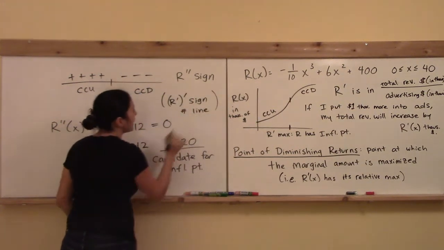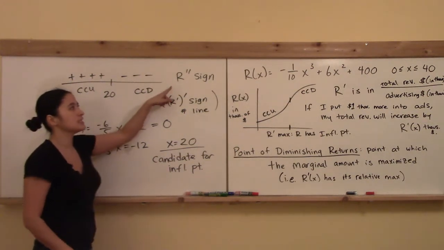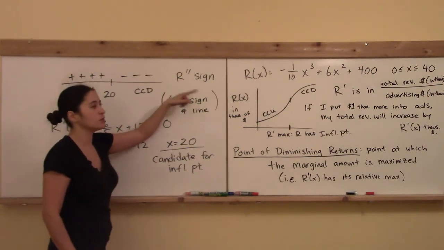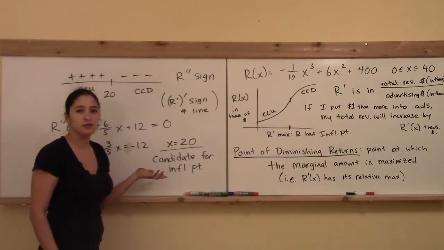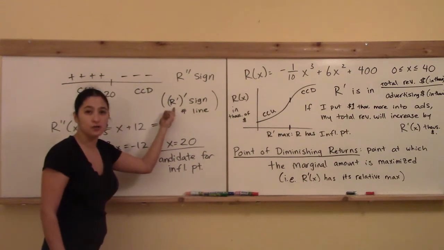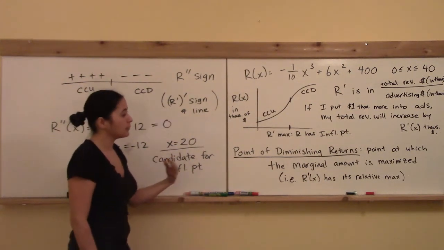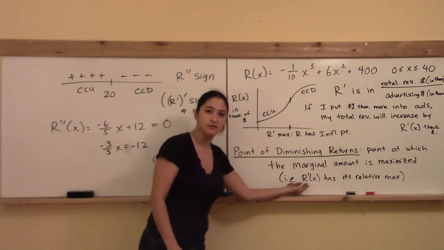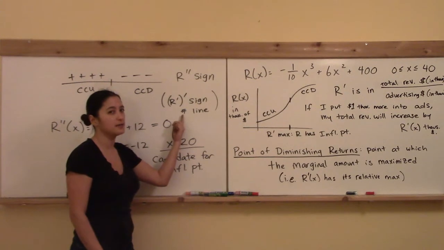And I want to see it that way to put it in line with the first derivative test, because although this is the second derivative of total revenue, it is the first derivative of something. It's the first derivative of the marginal revenue. It's the first derivative of the first derivative. So if I want to know when that first derivative has a relative max, I must only look at its first derivative sign number line.